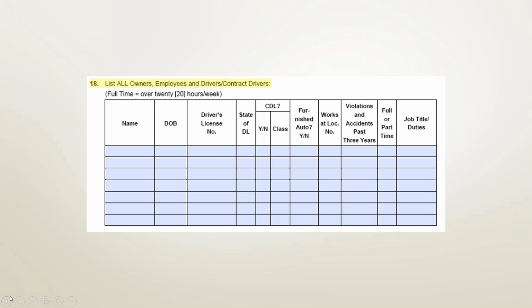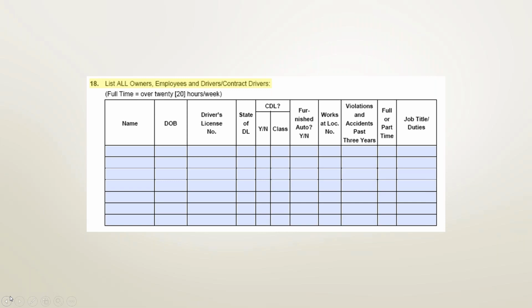One column on here that I want to point out is the furnished auto question. A lot of people don't understand what this means. If an owner or a worker is driving an auto off of the lot for personal use, they are considered a furnished driver.